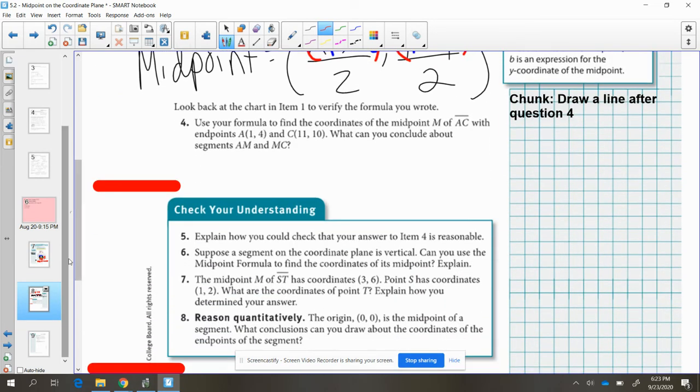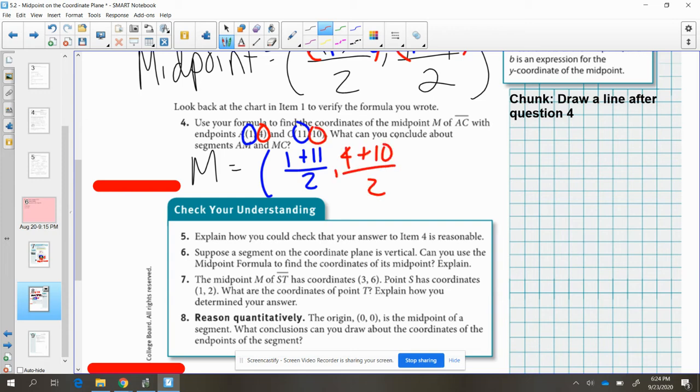So using our formula to test this out, if we look at number 4, we're looking for the midpoint of AC, where A is at 1, 4, and C is at 11, 10. We're going to take our two X values, add them up, divide by 2, and then take our two Y values, add them up, and divide by 2.